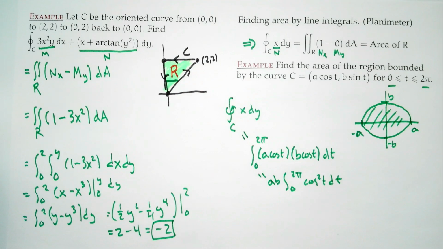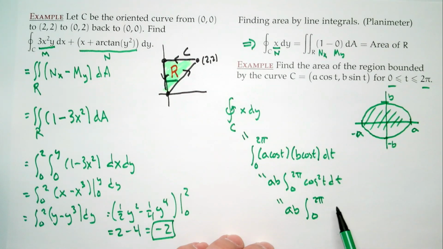Now, how do we integrate cosine squared t? Power reduction. So this will be ab, integral 0 to 2 pi. Cosine squared is 1/2 plus 1/2 cosine 2t. Well, so we're getting close.